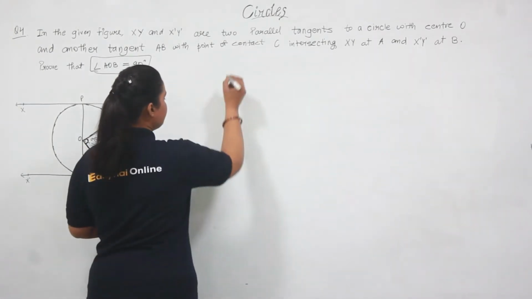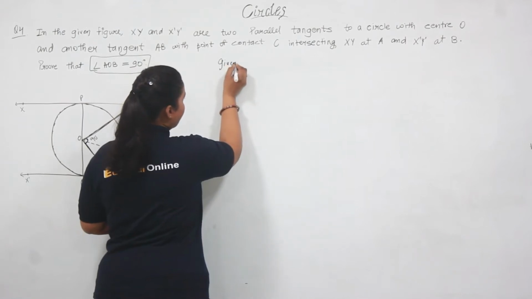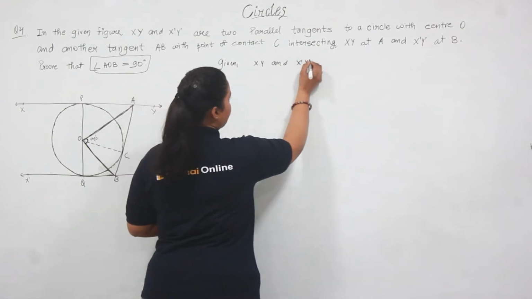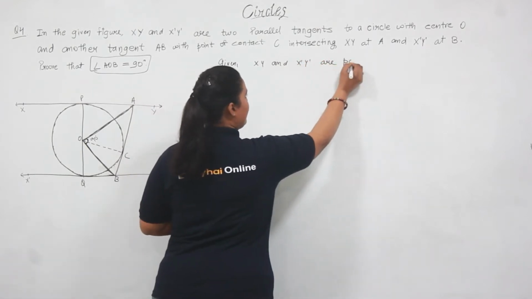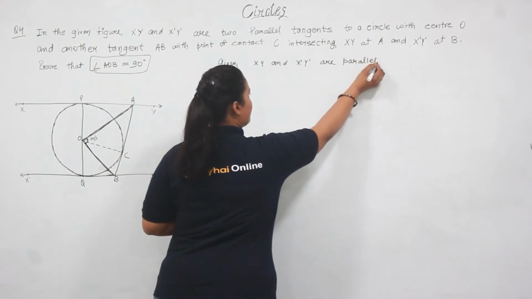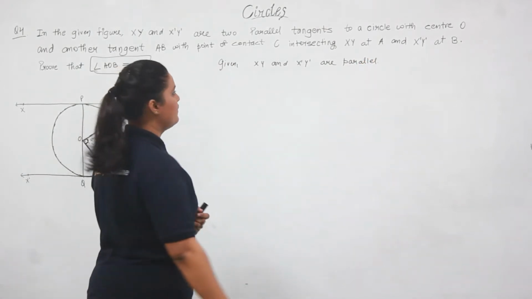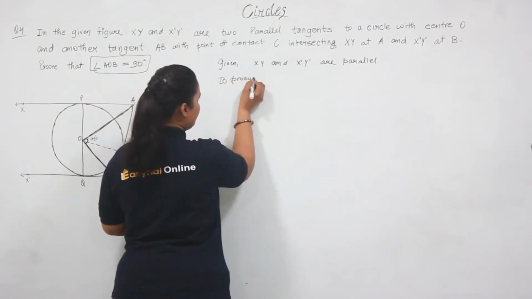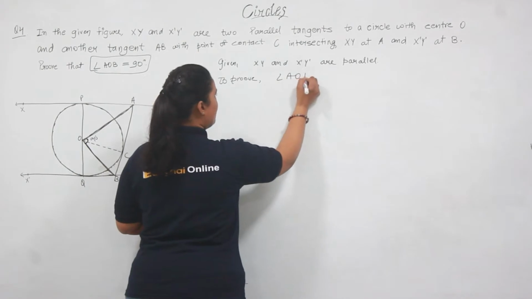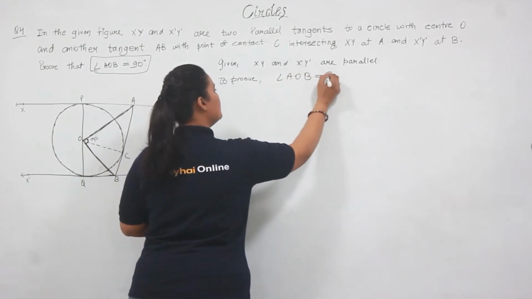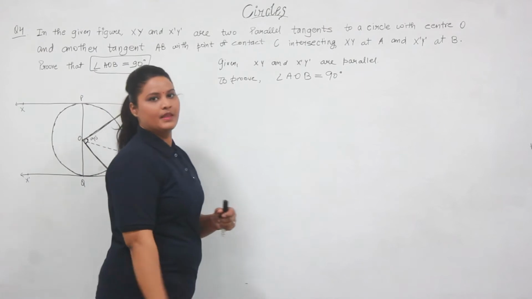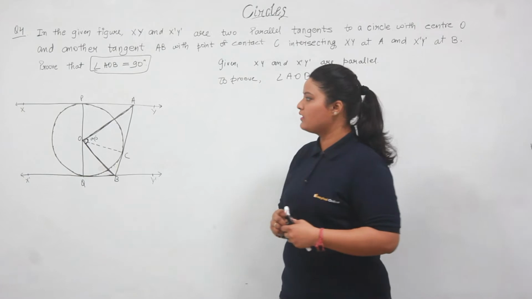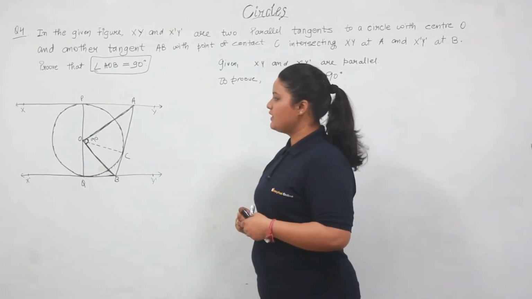So let me write the given: XY and X'Y' are parallel. This is one statement given in the question, and we have to prove angle AOB is equal to 90 degrees. Clear? So you understand what the question is asking for and what quantities are given.